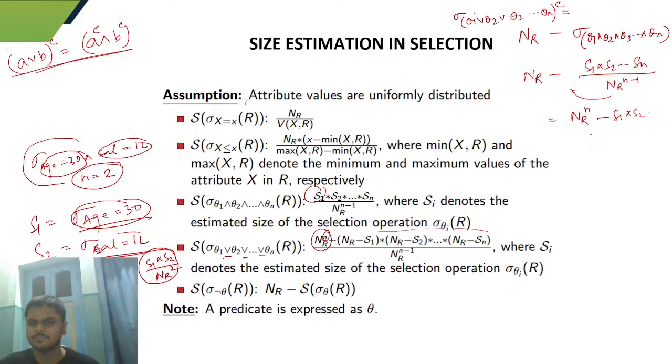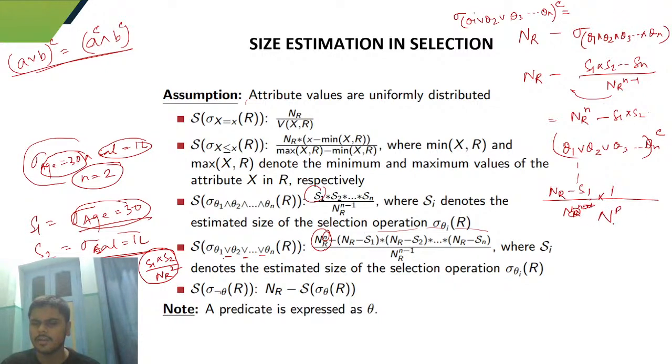Okay, so if we are thinking about theta 1 or theta 2 or theta 3 or theta n, and the entire complement of this, it will be nothing but nr minus s1 by nr to the power n minus 1, into nr minus s2 into dot.